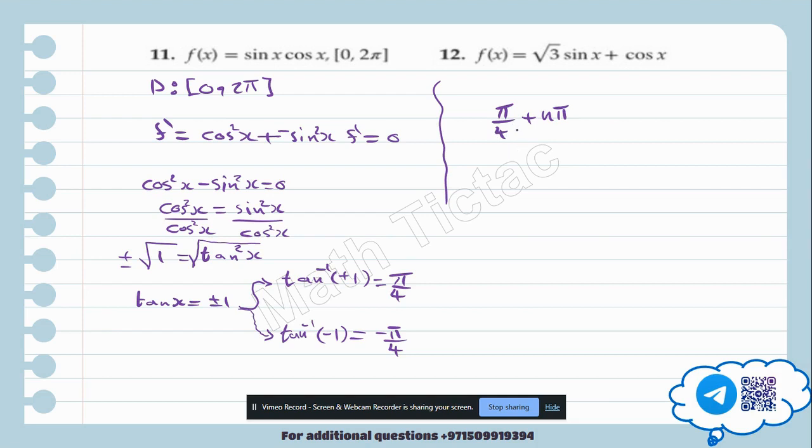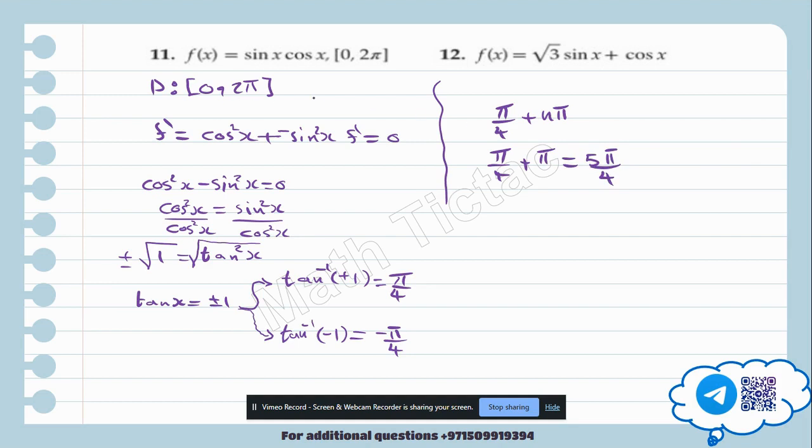I'm just going to find the angles that will be included in my domain. So first of all, let's substitute 1 instead of n. So pi over 4 plus 1 pi, which is equal to 5 pi over 4.